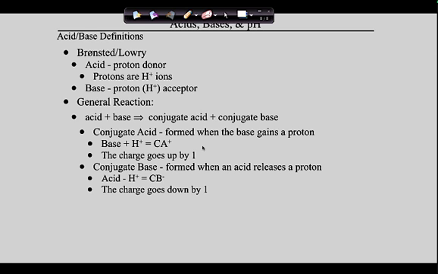Okay, so let's do this. Guys, don't write down the 2 examples that I'm going to give you, but as these examples come up, there's going to be some terms that we need to share, and those you will write down. I'll step you through 2 examples of identifying acids, bases, and conjugates.